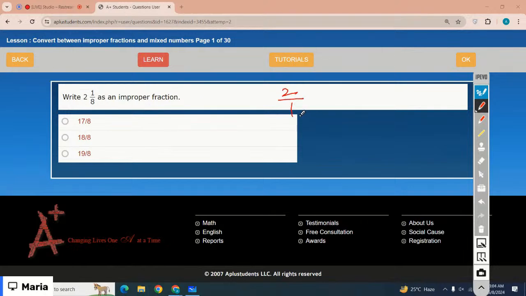You don't have any denominator. That means the denominator is 1. Just multiply it with the 8. That is 16 over 8. So you have 16 by 8 for the whole number. Add the fractional part. That is 1 over 8. So the answer is 17 over 8. Got it? The correct option is 17 over 8. Option number 1 is the correct option.